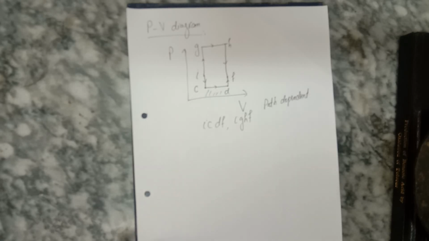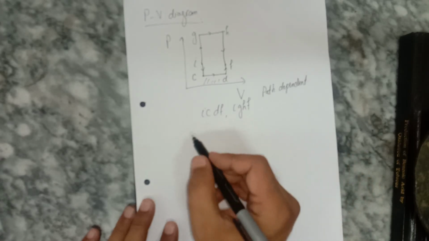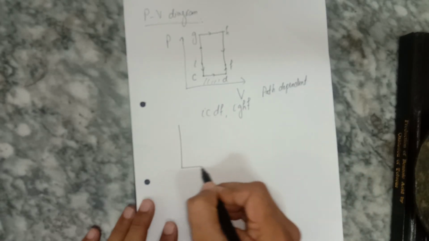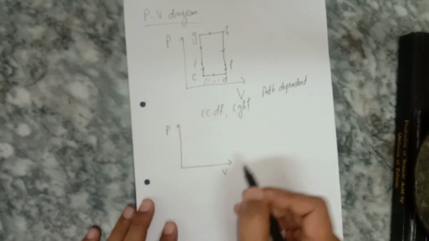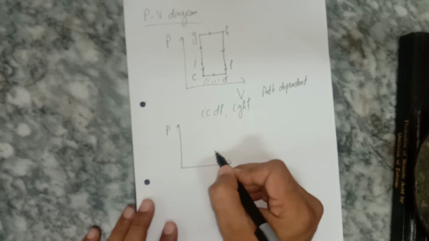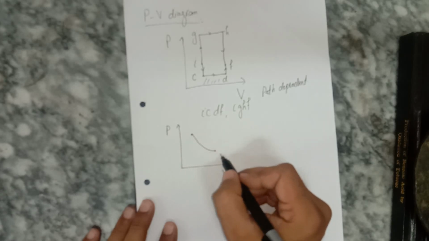Now looking into another system, in another PV diagram, this is my volume axis, this is my pressure axis. Suppose the system goes from this initial state into this final state.